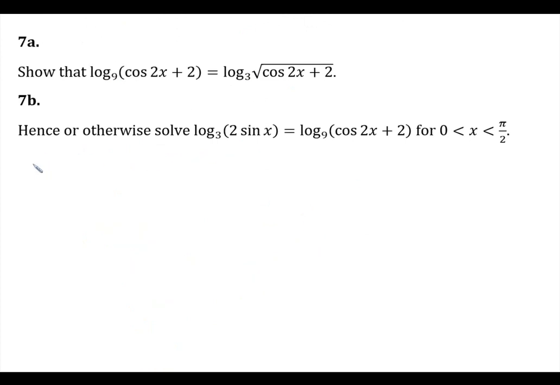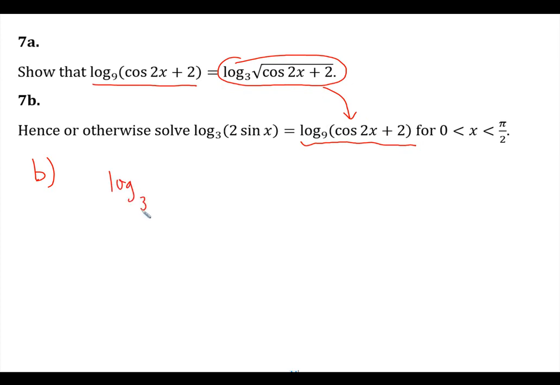All right, so let's take a look at part B. So part B, you need to solve this equation, okay? Now we know that log base 9 of cosine 2x plus 2, which is this, is equivalent to this, right? So I can substitute this with this right here. So let's set that up.